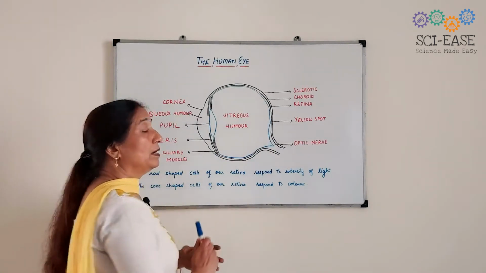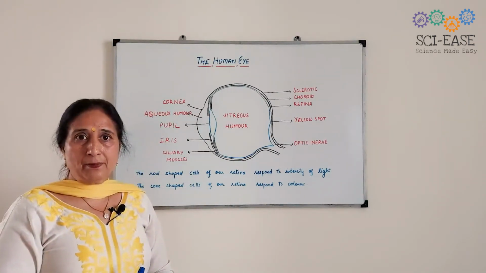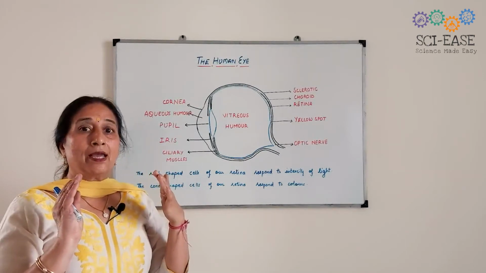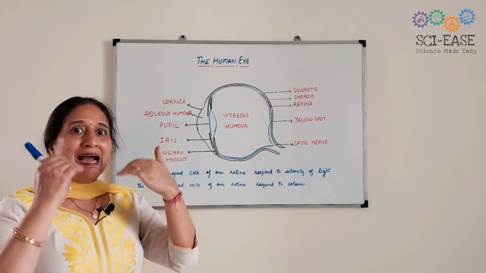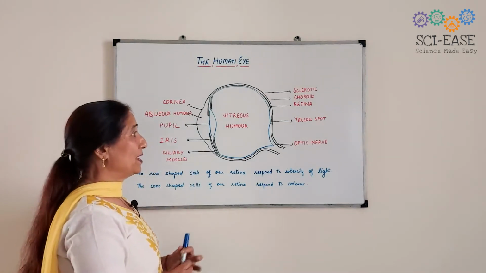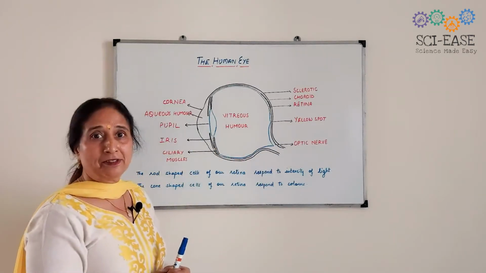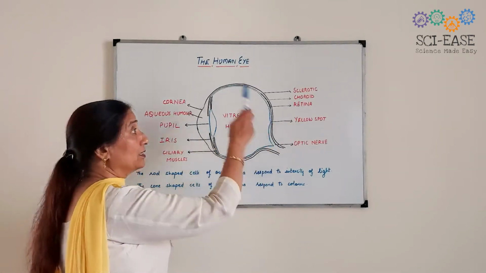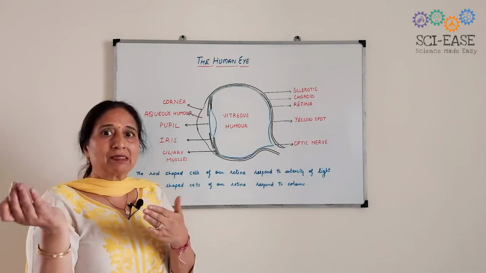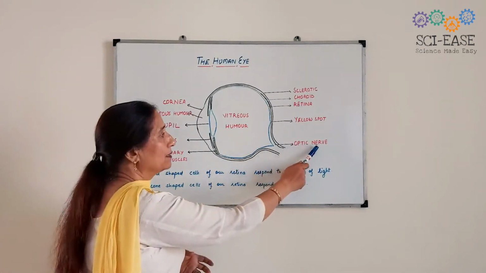So here, a real and inverted image is formed, but in our mind, it appears to be erect. Now, one thing, I have marked this optic nerve. The image, that is the electrical signal, you can say, is sent to the brain through this optic nerve.